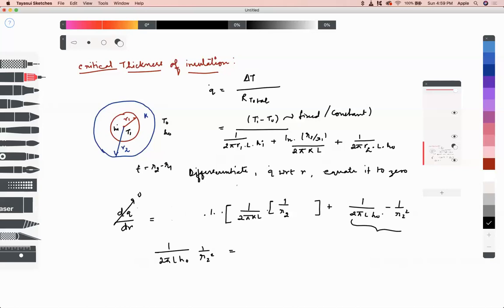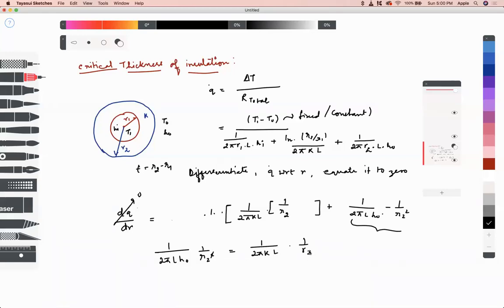We just have to focus on the resistance, because delta T is constant, so there is no point in finding out differentiation of delta T. So here we get 1 upon 2 pi L into h naught r2 square, and this side you will get 1 upon 2 pi k into L by 1 by r2.